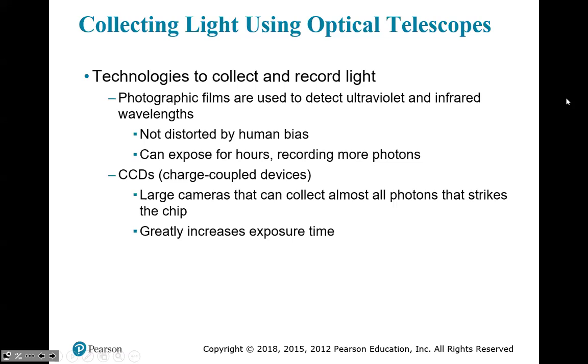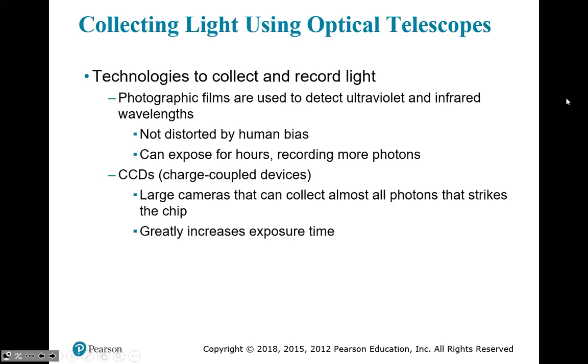These are not distorted by human bias, and they can expose for hours. You can expose them for a very long time to collect lots of photons, so you can see much fainter things than you can see with your eye. Because the detecting things in your eye are very sensitive, but they refresh all the time. So you're limited. You can't expose for hours.